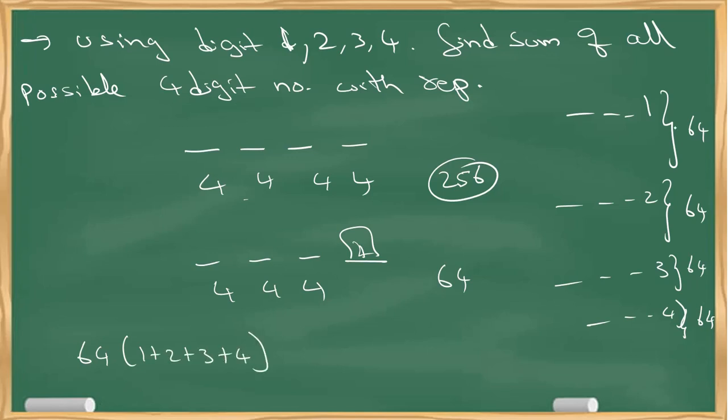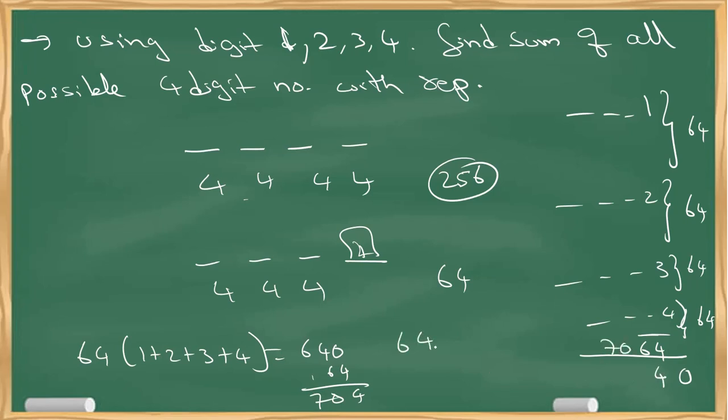So there is nothing. 64 into 1 plus 64 into 2 plus 64 into 3 plus 64 into 4. If you add, you'll get 640. So 0, 64 carry. Again at tens position, again you will get 640, add with 64. So what do you get? 4, 0, 7. So 4, 70 carry this time.